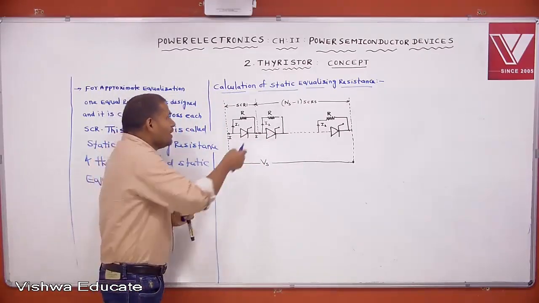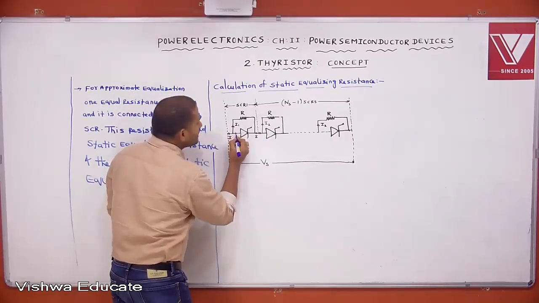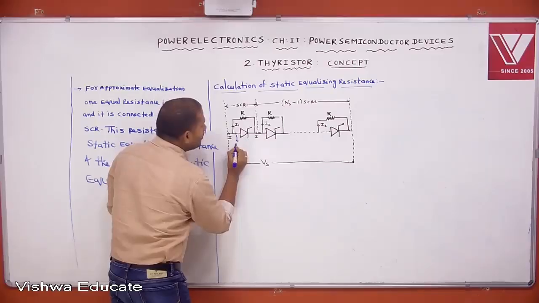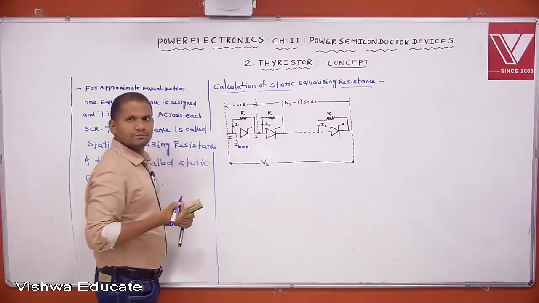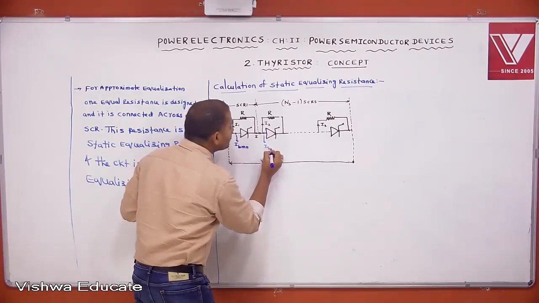Because SCR1 blocks one voltage, let us assume that this SCR is carrying the minimum leakage current, IBMN. And this SCR is carrying the maximum leakage current, IBMX.